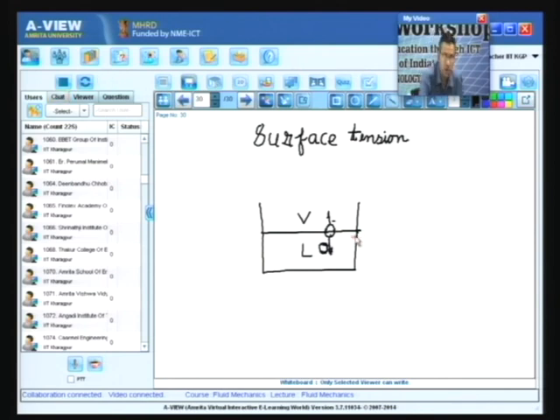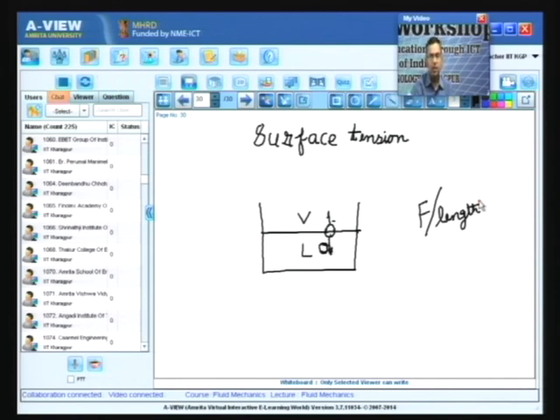Because of this tension, it culminates in the form of a force, normally expressed as a force per unit length, and this force is known as surface tension force. The unit of surface tension force in SI units is Newton per meter.